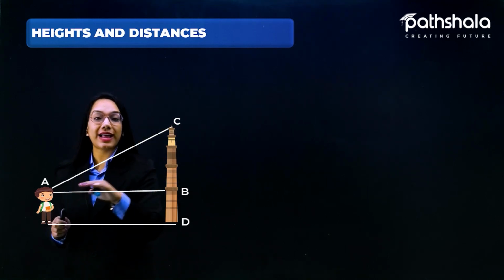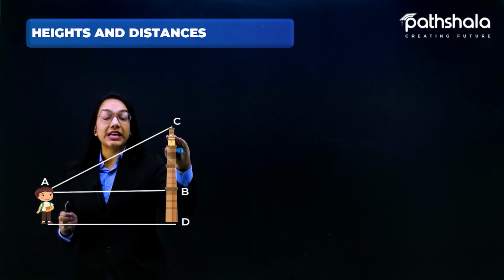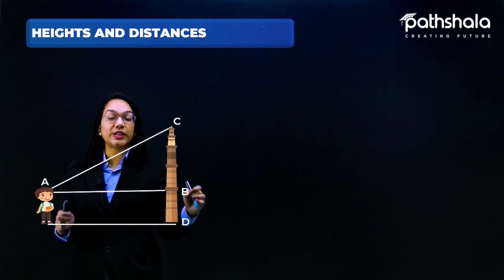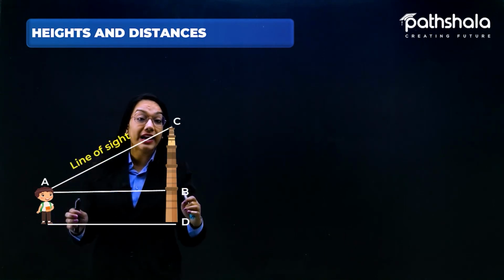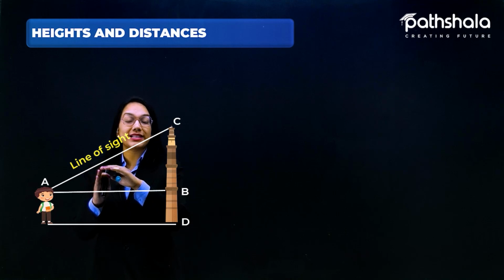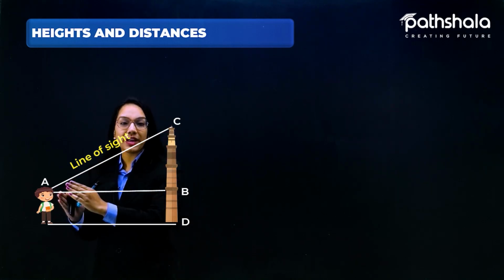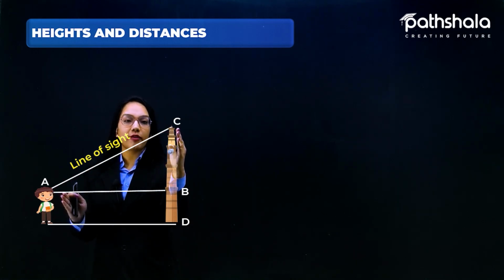This particular line that we have joined, AC, is called a very special line, the line of sight, from the eye of the observer to the top of the minar.